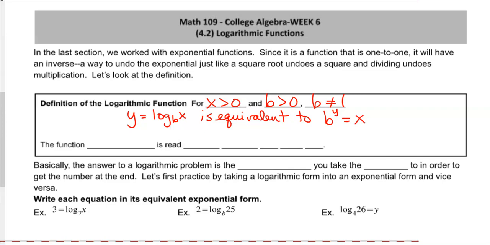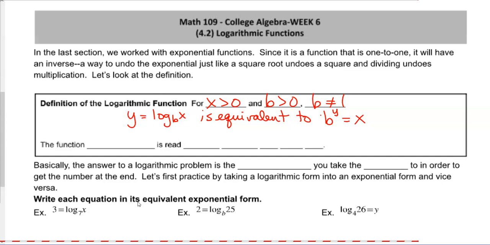Now I know that looks kind of strange, but it's basically if I have this exponential function where some base to a power is equal to some value x, I can undo this by taking the log of that base of the value, which is my answer, is equal to the power.